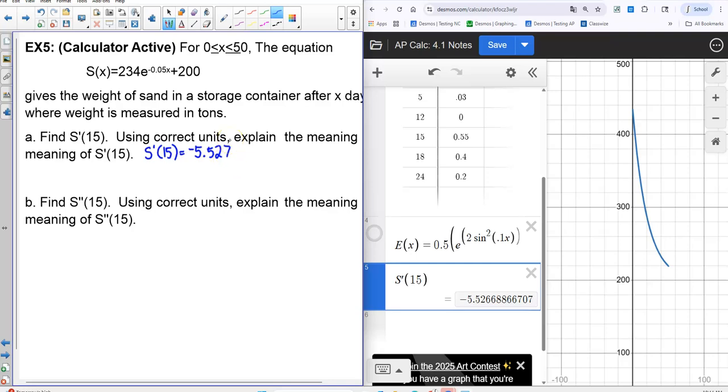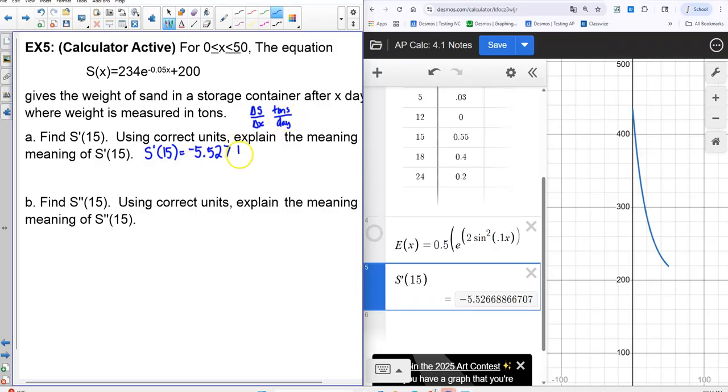I'm going to go ahead and think about units here. So this is change in S over change in X, because X is our independent variable. S is the weight of the sand in tons, and X is days.